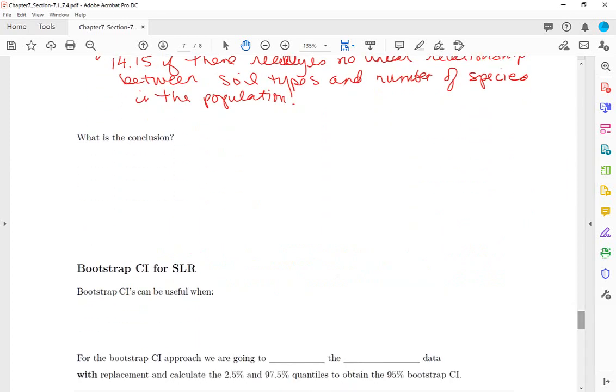When we think about a conclusion, we're talking about how much evidence we have.